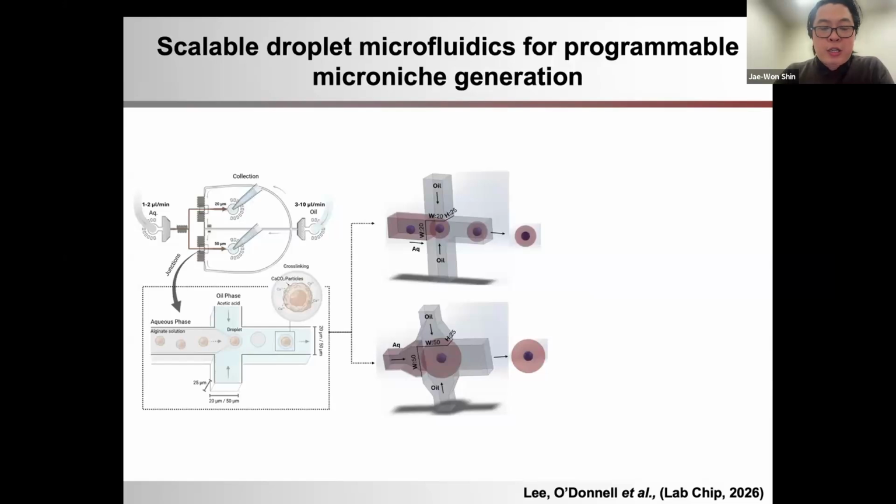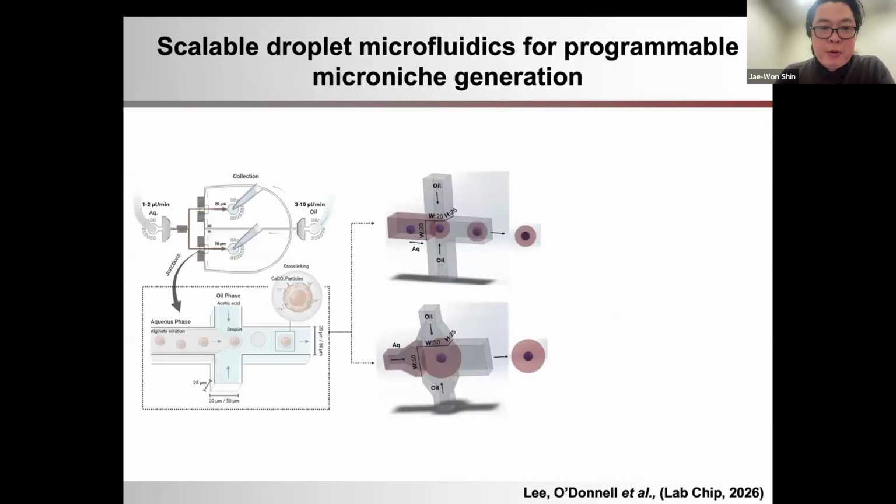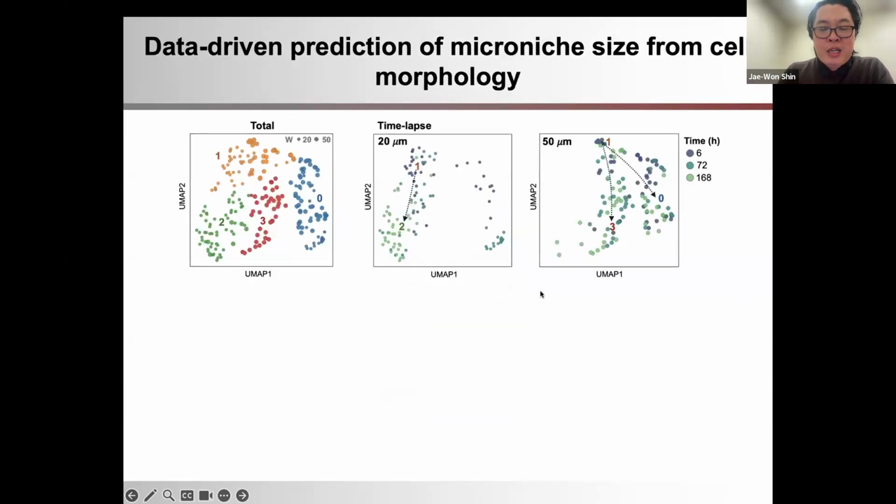But so far, all of these studies were done by changing parameters one at a time and looking at somewhat collective behavior. So we wanted to use the power of the picoliter-scale droplet microfluidic approach to simultaneously generate microniches with different sizes and encapsulate cells, and leverage an unsupervised clustering approach to study the morphological parameters and how they change over time.